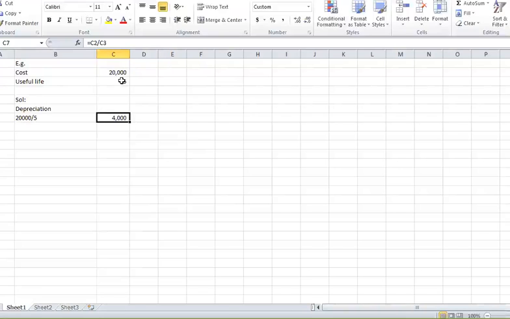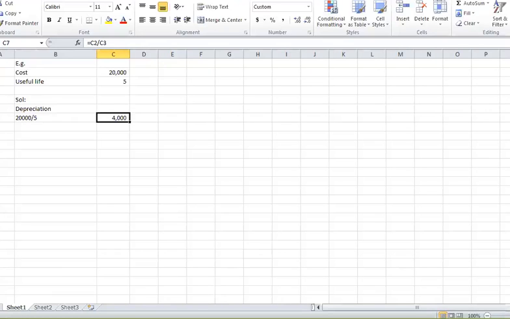So per year depreciation is 4,000 pounds. So it means 20,000 pounds will be consumed in 5 years. Total cost is 20,000 and total life of the asset is 5 years. So it means we will consume 4,000 pounds every year.